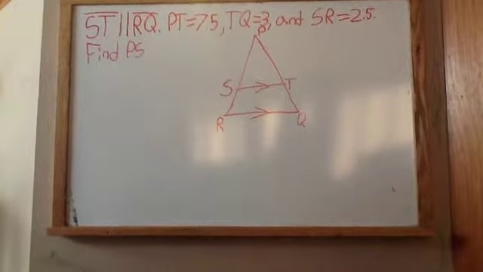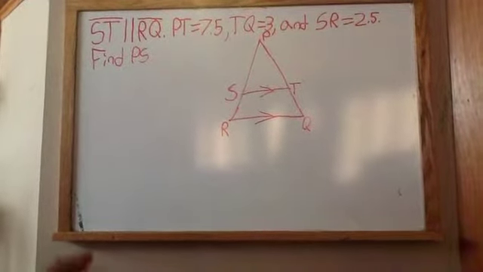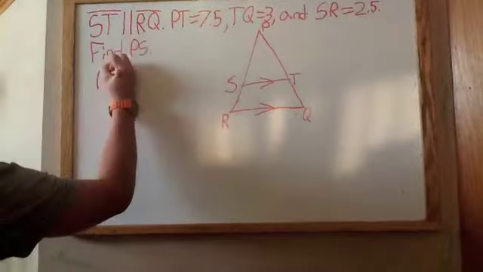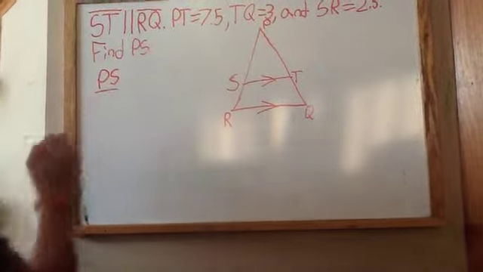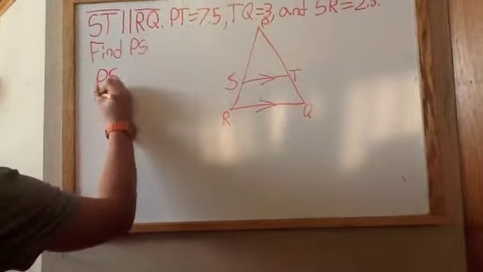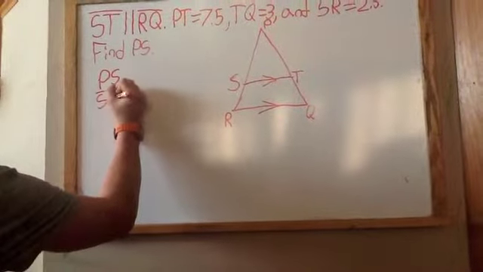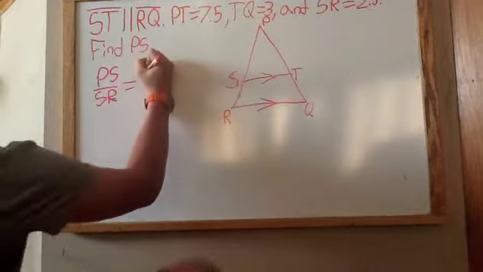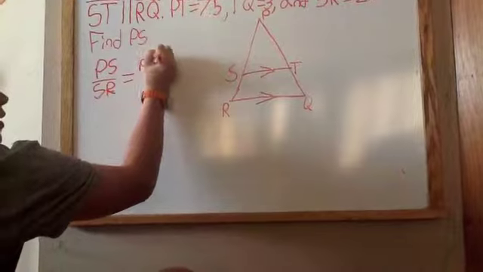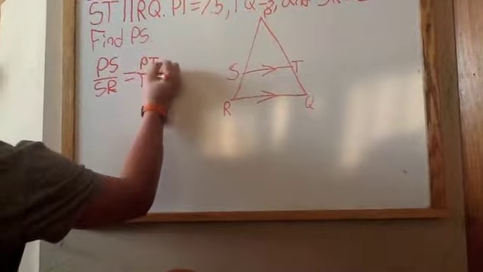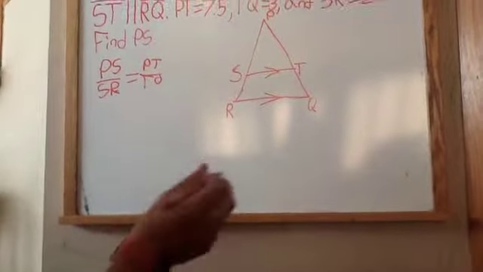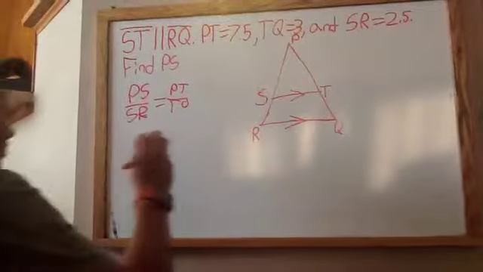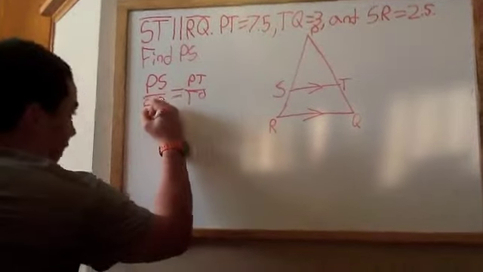First, because of the triangle proportionality theorem, PS over SR equals PT over TQ. Then we can substitute the values we know.